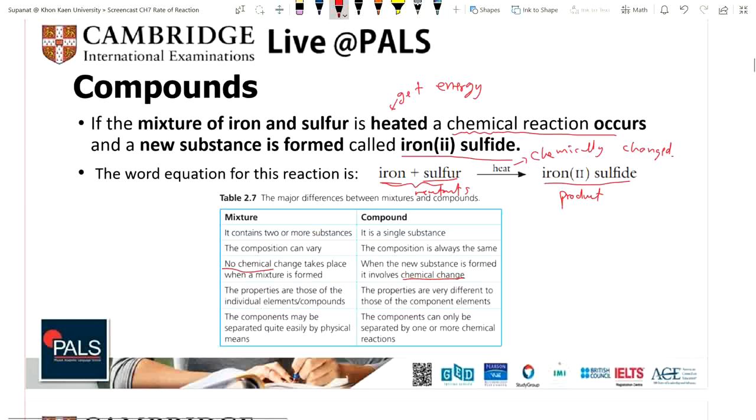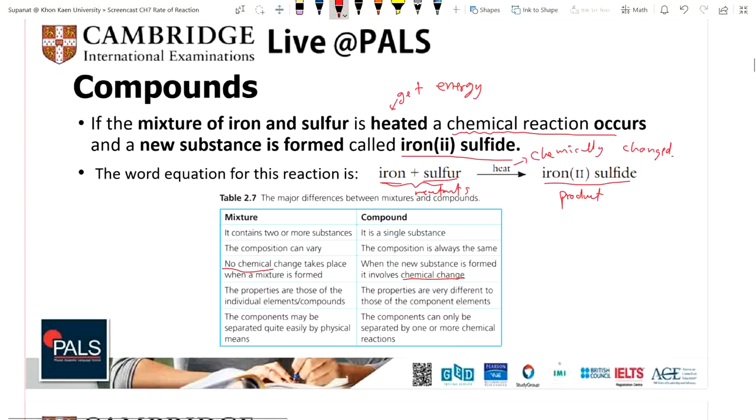The properties of a mixture are those of the individual elements or compounds, but the properties of the compound are different to those of the component elements. The components of a mixture may be separated quite easily by physical means or physical properties, but the components of a compound can only be separated by one or more chemical reactions.